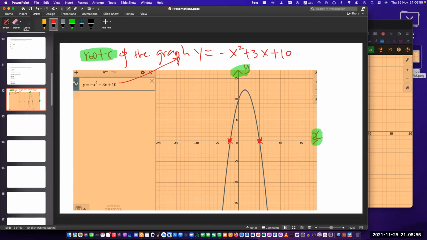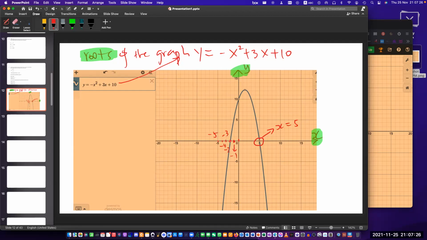If you read from this graph, what is this point? This is x equals 5, can you see? Then what is this? If you read it, this is 0, this is -1, -2, -3, -4, -5.